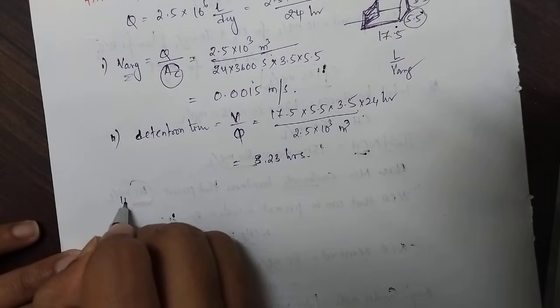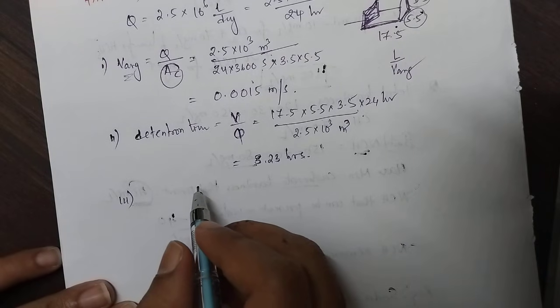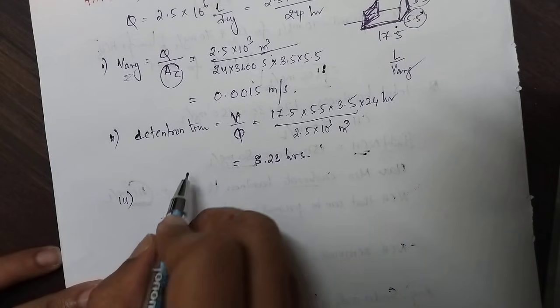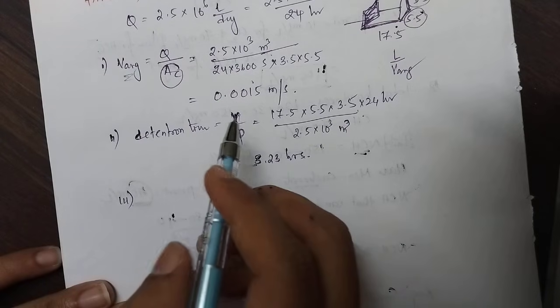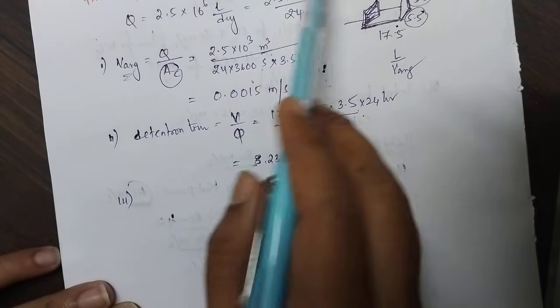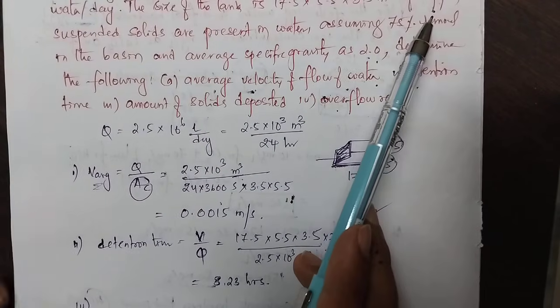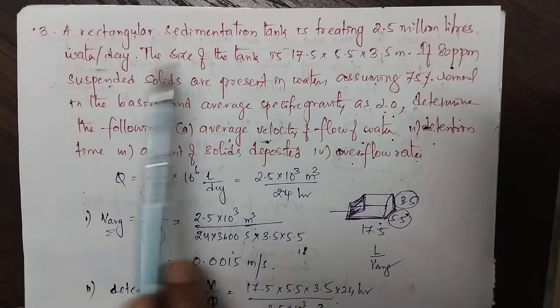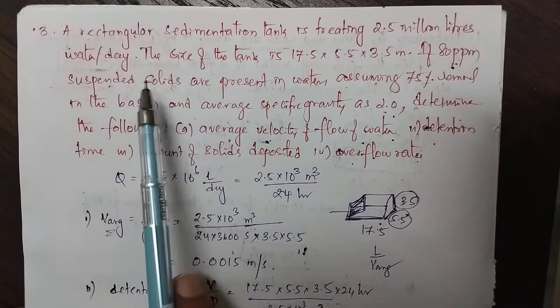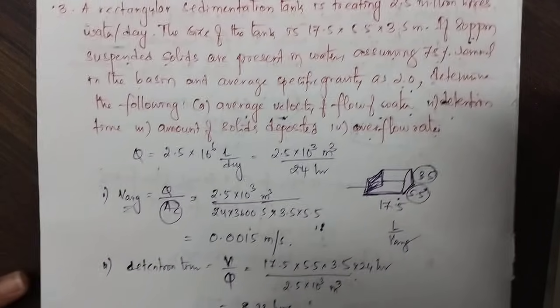Third question, amount of solids deposited. What we have is 80 ppm suspended solids. Out of 80 ppm solids, 75% are being removed.